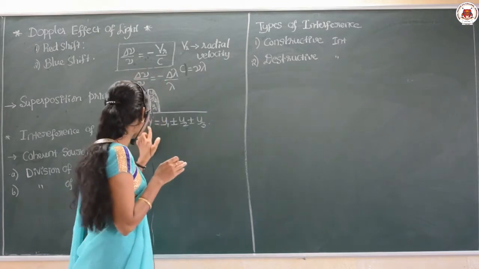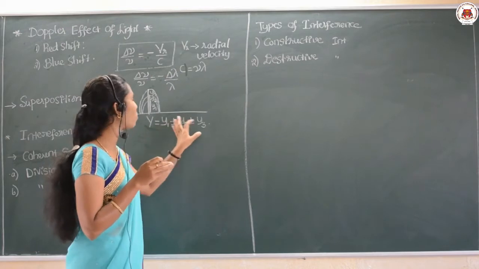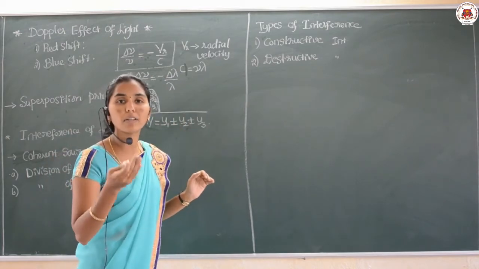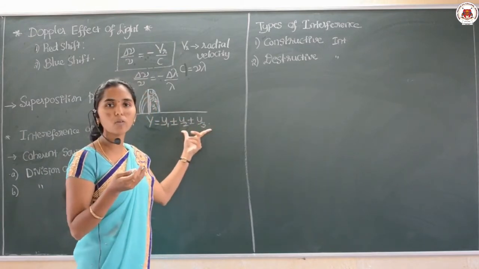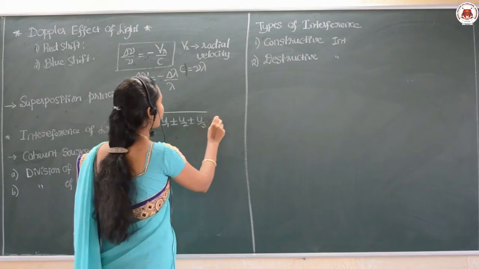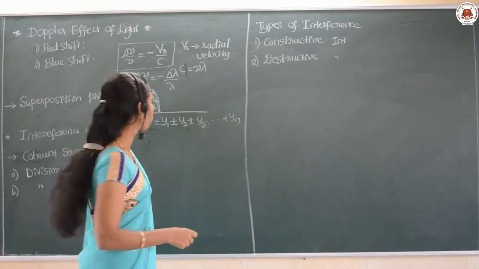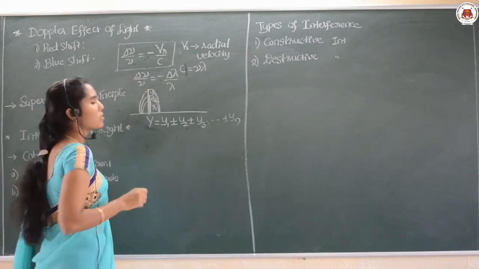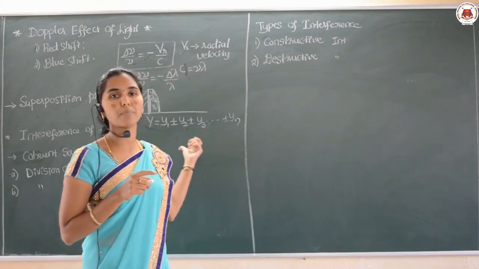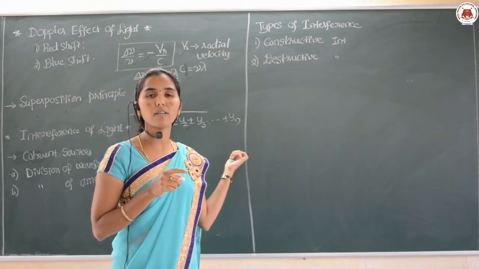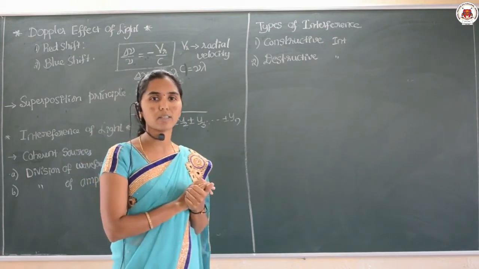Here y is the resultant displacement, and y1, y2, y3 are the displacements of the respective waves. If only 3 are there, we take only up to y3. If n number are there, I can continue up to yn. Am I right? So remember, the superposition principle of light waves is very important to understand the interference of light.